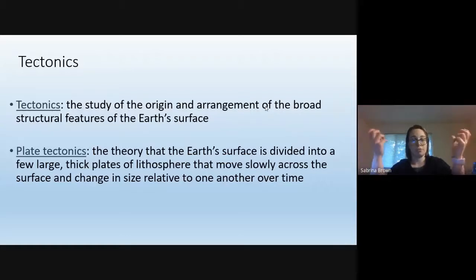So remember, lithosphere is that hard, rocky outer layer of the Earth that's moving slowly around the surface. And those plates are interacting with each other, and they're changing in size relative to one another. And a lot of our landscape features are the result of the movement of these large plates of lithosphere.